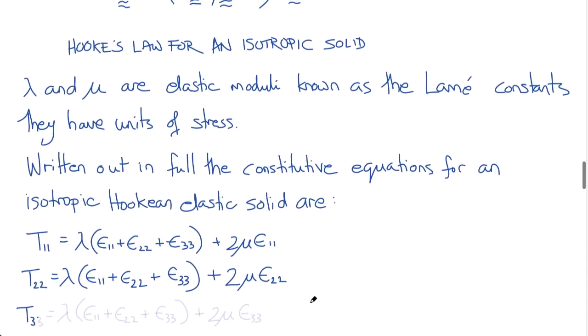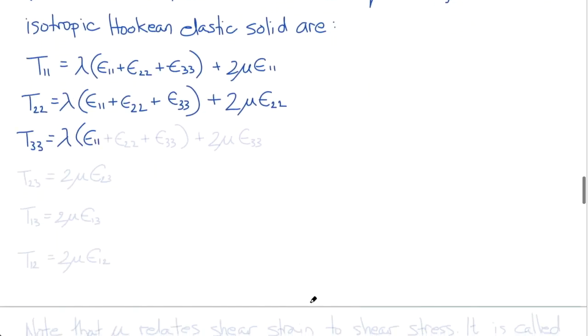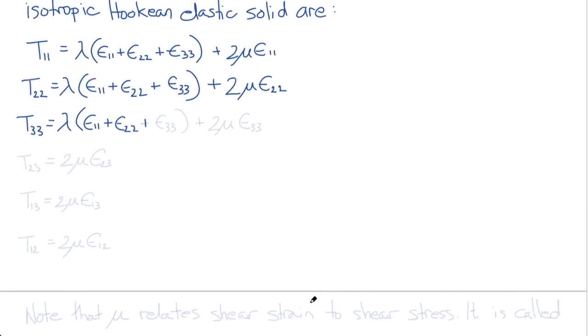And T33 equals lambda times (epsilon 11 plus epsilon 22 plus epsilon 33) plus 2 mu times epsilon 33. And then the shear stress components, T23 is 2 mu times epsilon 23, T13 is 2 mu times epsilon 13, and T12 is 2 mu times epsilon 12.